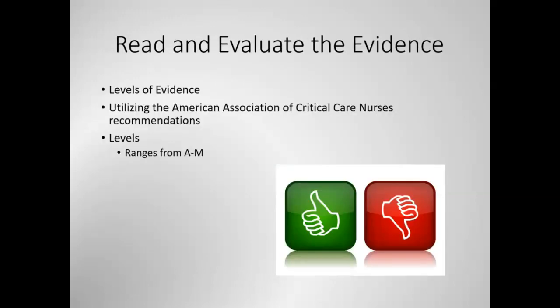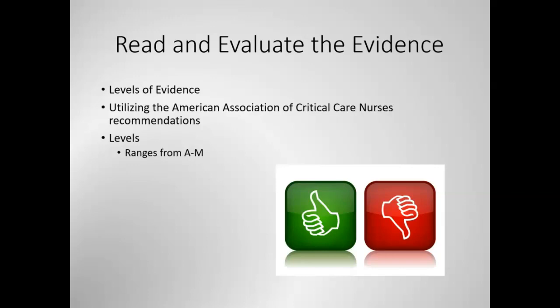Once you receive all your articles, then you need to read and evaluate the evidence. So we're going to read them with the understanding that we need to figure out the level of the evidence. So we're going to utilize the American Association of Critical Care Nurses recommendations for levels A through M. The higher it is, the stronger the evidence.